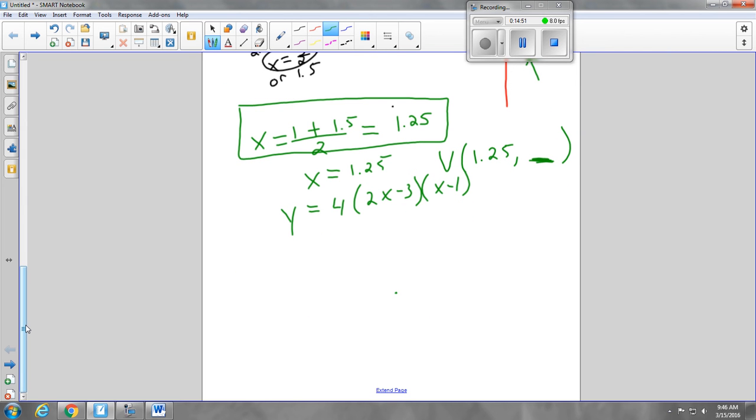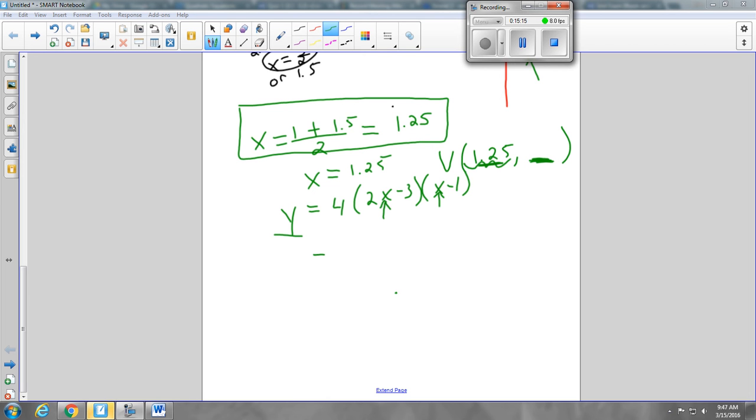Now, I know what the x value is, right? It's 1.25. So if I put 1.25 in place of my x's, what should pop out is the value of y. So I'm saying when x is equal to this, y should be equal to whatever it is.